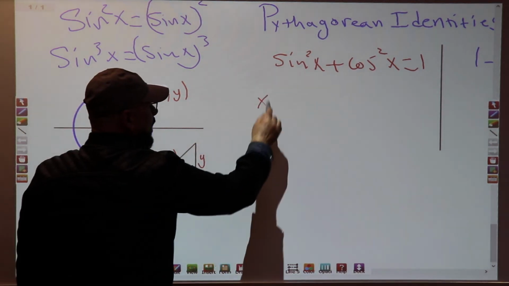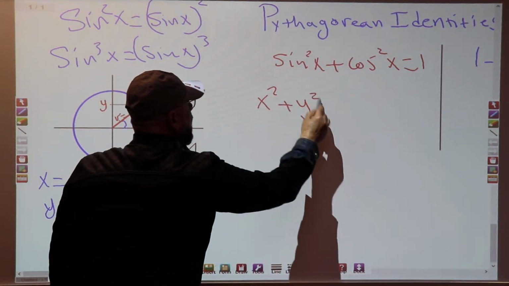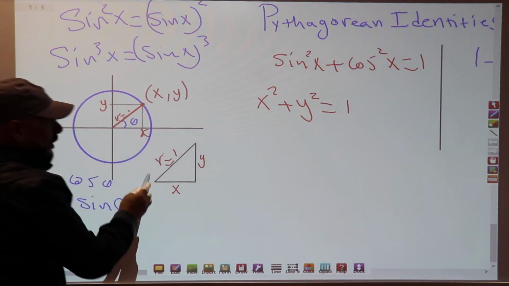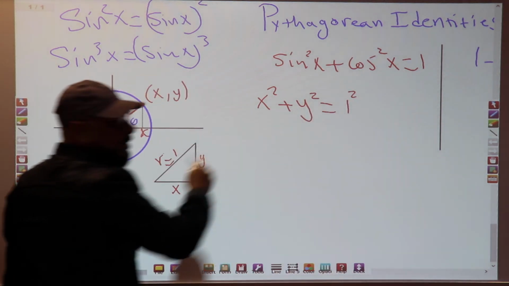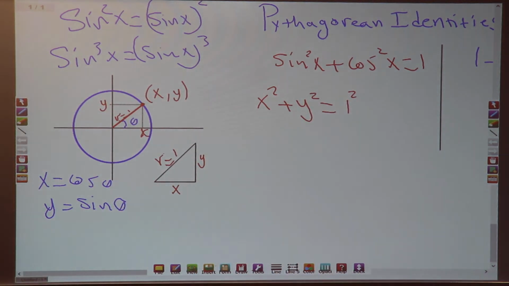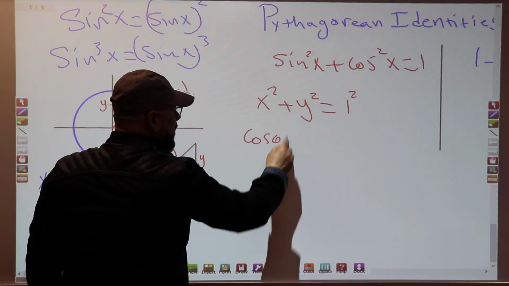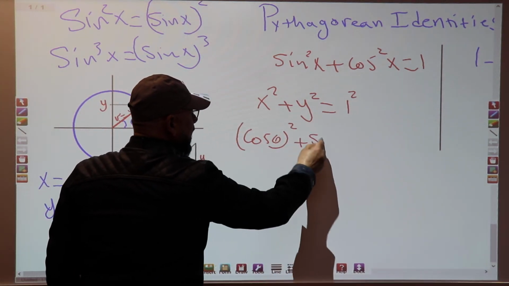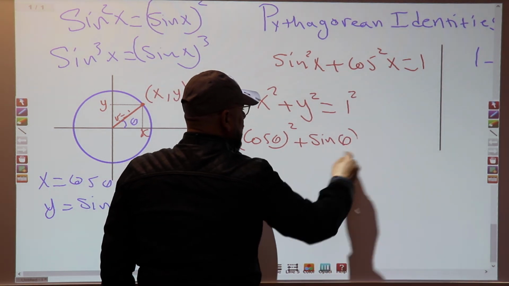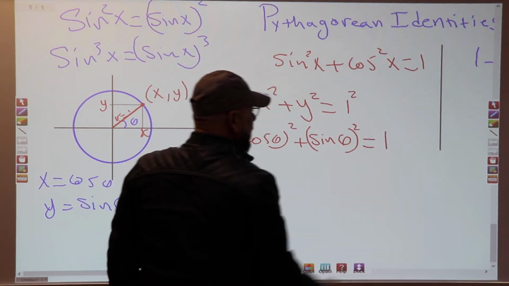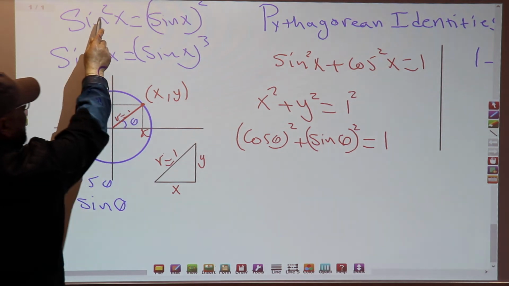Then x squared plus y squared equals what? 1 squared. What do we call this? The Pythagorean theorem. But what does x equal here? Cosine theta. So cosine theta squared plus sine theta squared equals 1. We just said that, the same as this.